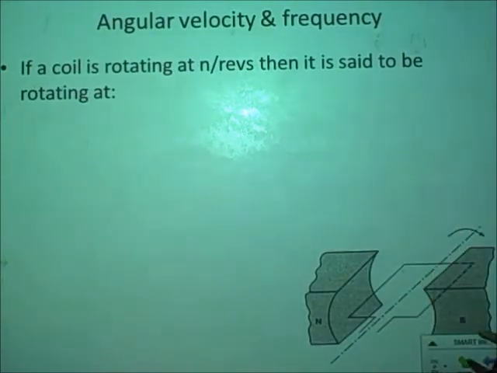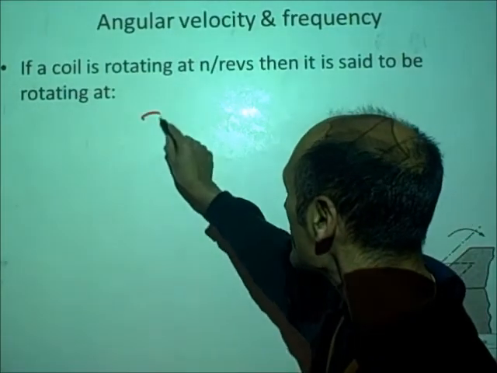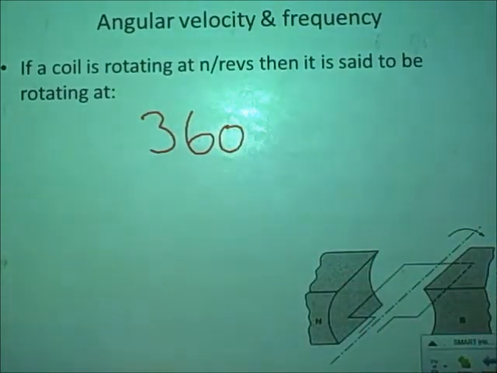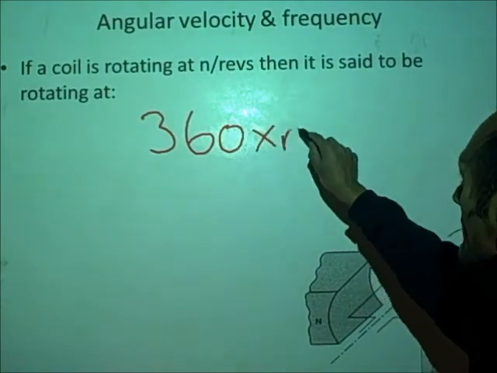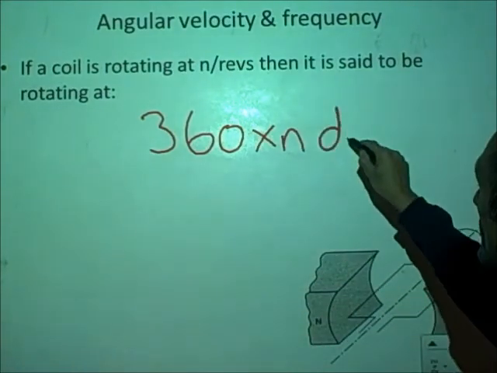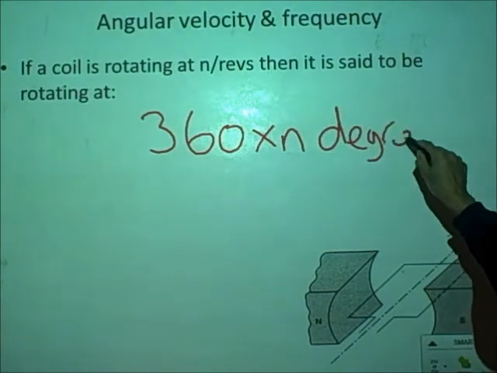Now, since that conductor loop on the bottom right of the diagram is rotating in a circle, 1 revolution, we could say per revolution, or the frequency, is represented by 360 times n, and whatever the answer is, it's going to be, in this instance, in degrees.